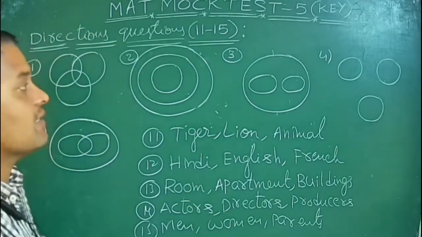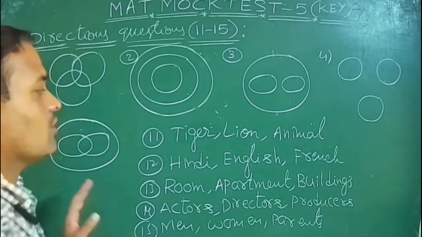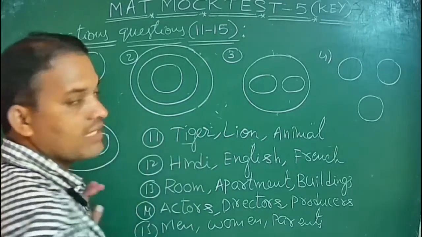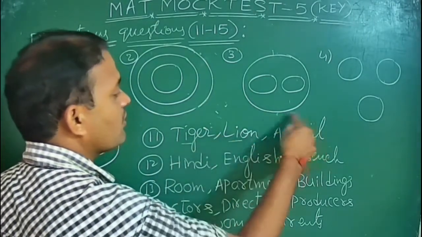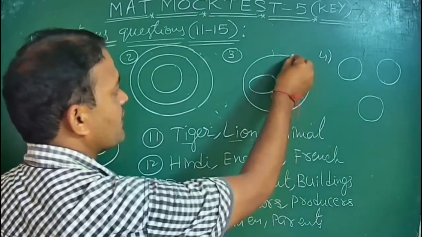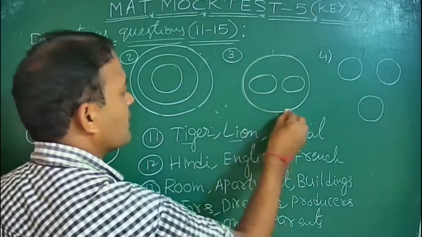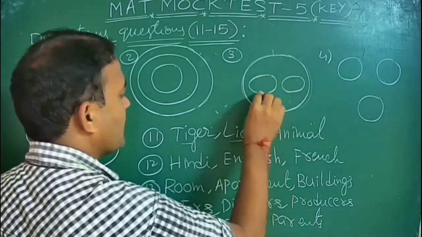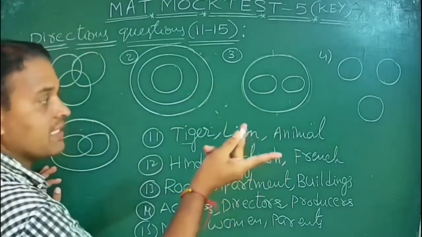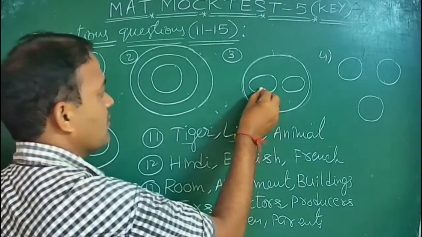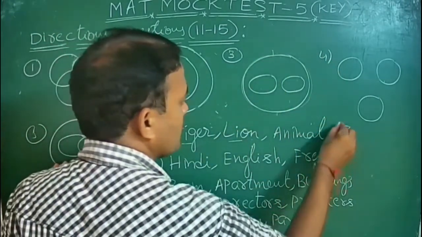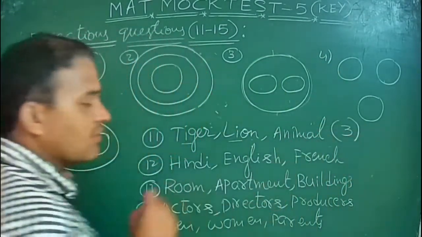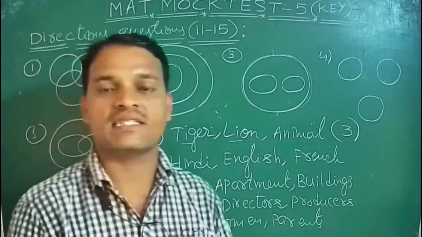A tiger is an animal, a lion is also an animal, so these two belong to animal only. So animal is taken as a big circle, but tiger and lion are different animals, so this is tiger, this is lion, and these are the animals. So option 3 is the correct one.